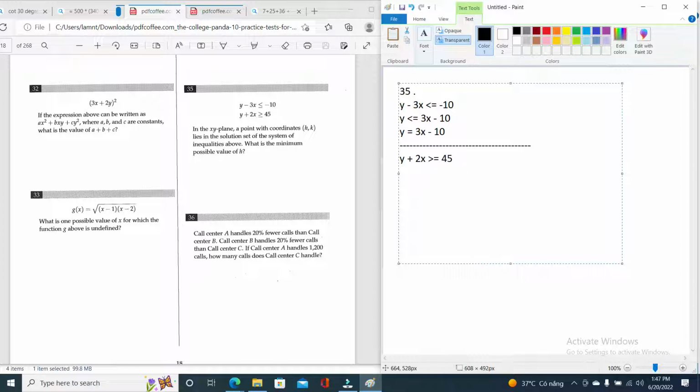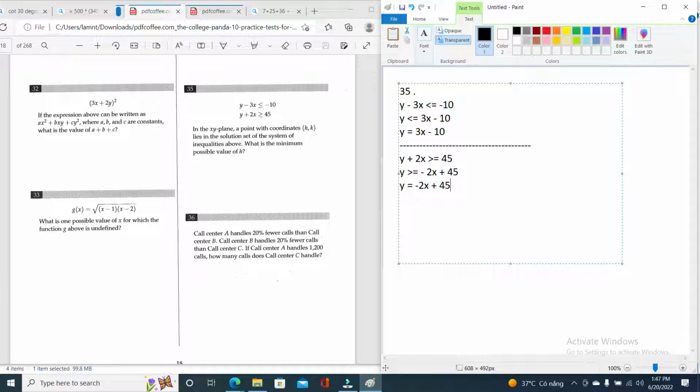So in general, y is bigger than or equal to minus 2x plus 45, and the line is y equal to minus 2x plus 45. Now I want to draw this out and see the solution set.